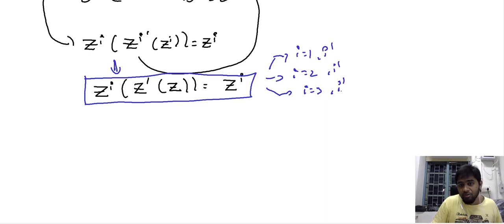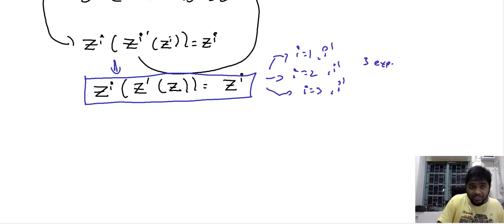Depending on the values of I prime, we will be able to recover the three relations that indicate the inverse relation between the two coordinate systems.